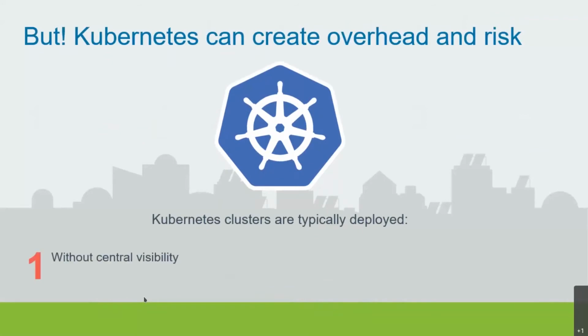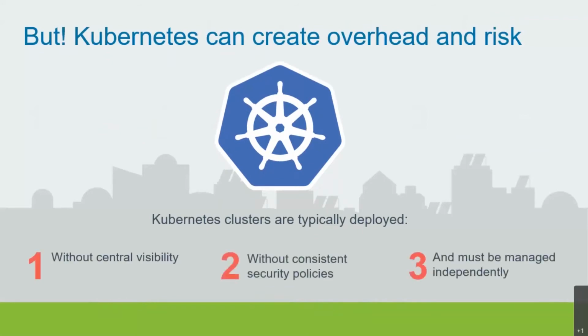But Kubernetes can create overhead and risk, especially if organizations are going to deploy large numbers of Kubernetes clusters. Some organizations are deploying on-prem, in the cloud, on x86, on S390X, on ARM-based processors.